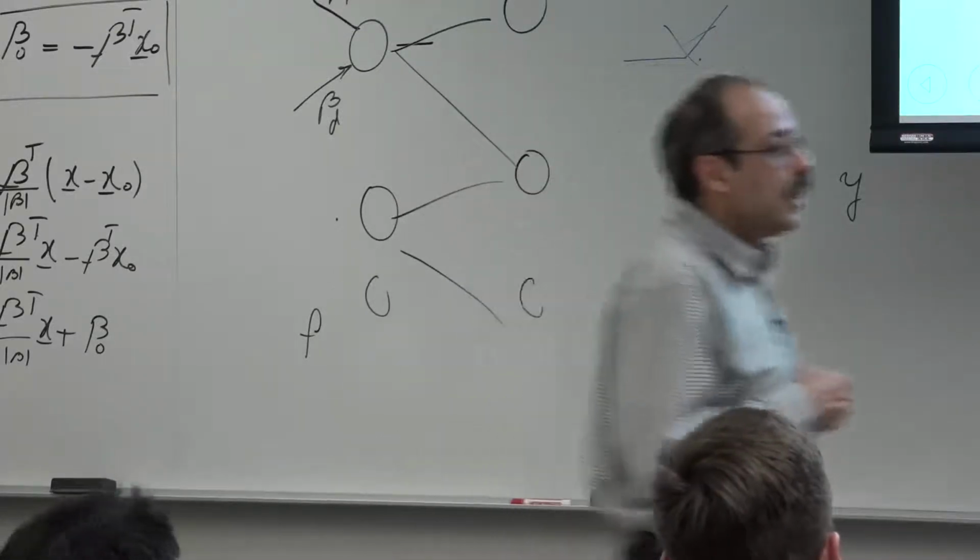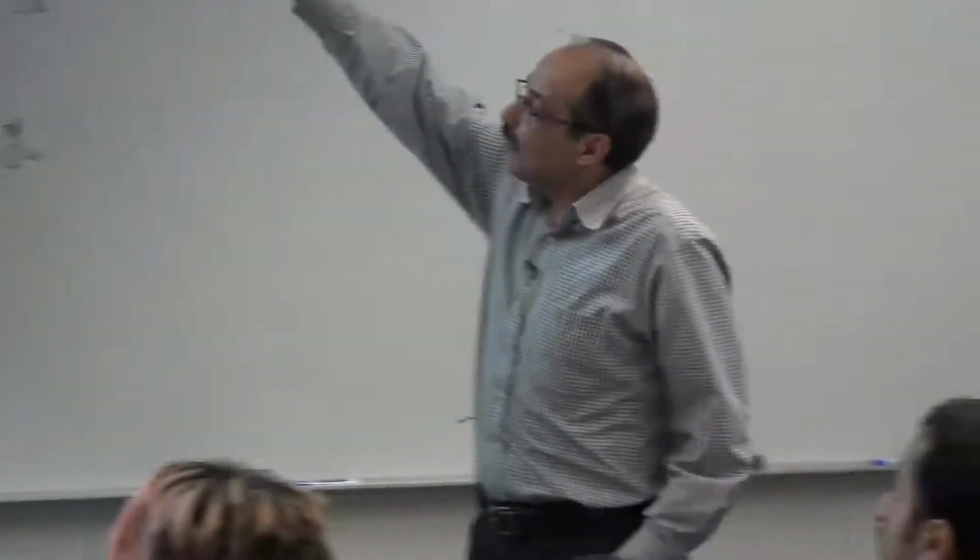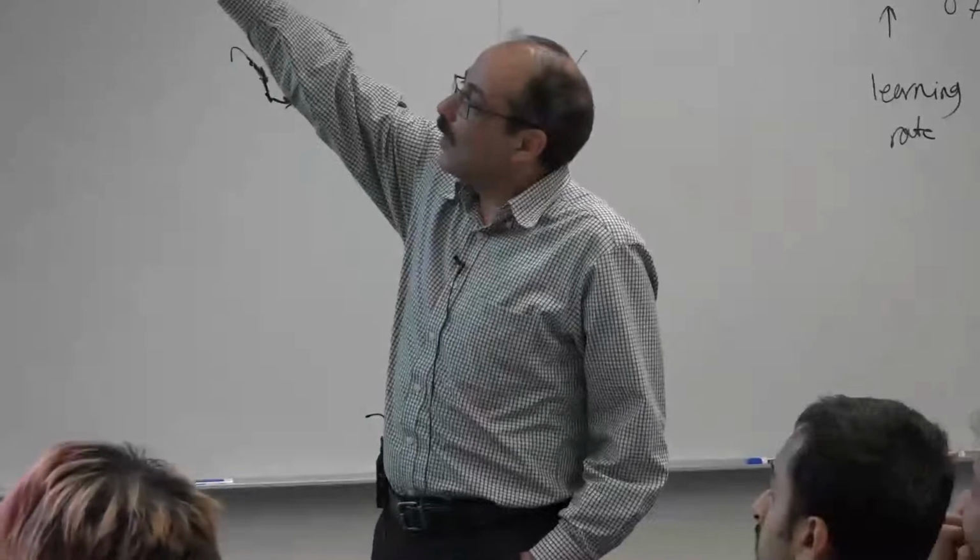Okay. Now, how does this chain rule help? So what is derivative of AI with respect to UIL?